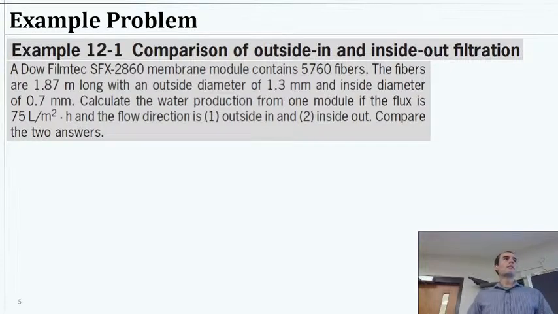I'll give you a few minutes to work it and see if you can apply this knowledge so far. I'll read it and then I'll let you work on it. So it says a Dow FilmTech SFX 2860 membrane module contains 5,760 fibers.